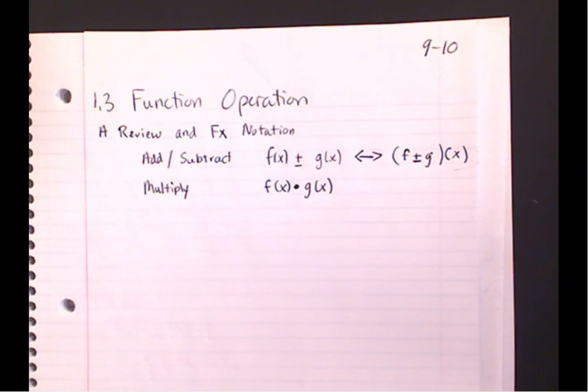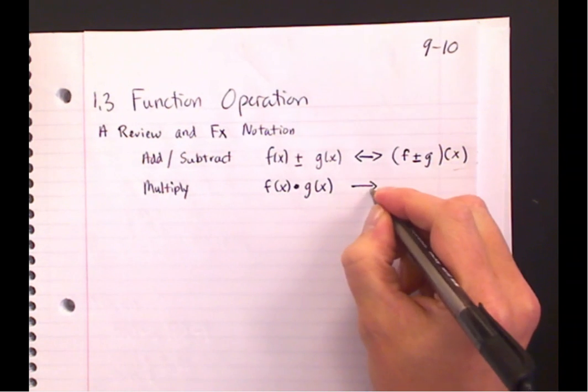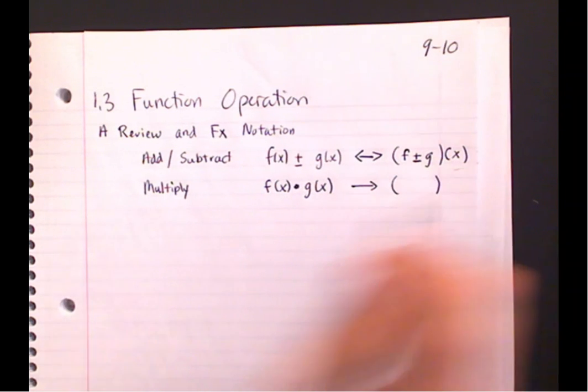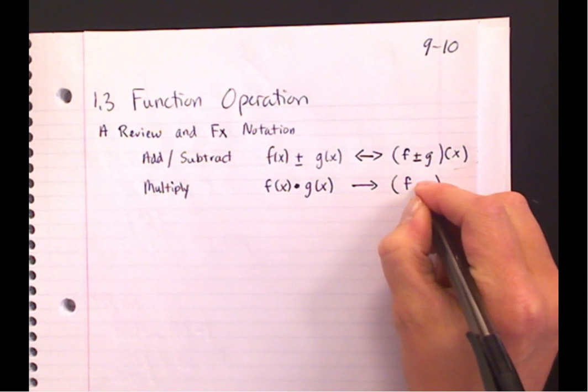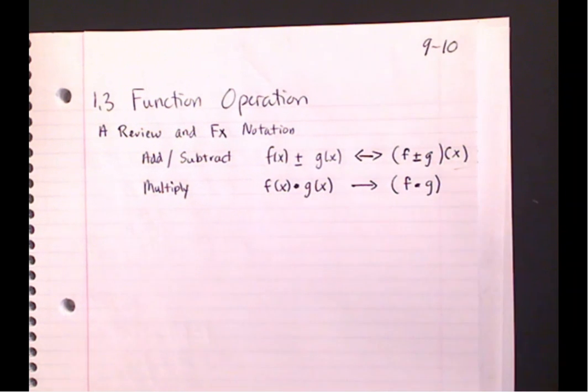Now these are both function notations. They're just a little bit different. I'm going to get one parentheses, and I'm going to take the names of the functions and multiply them.